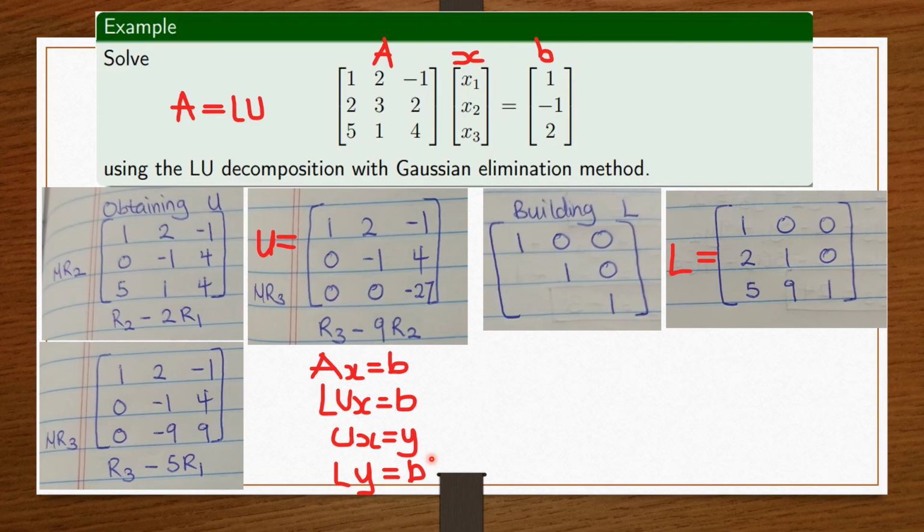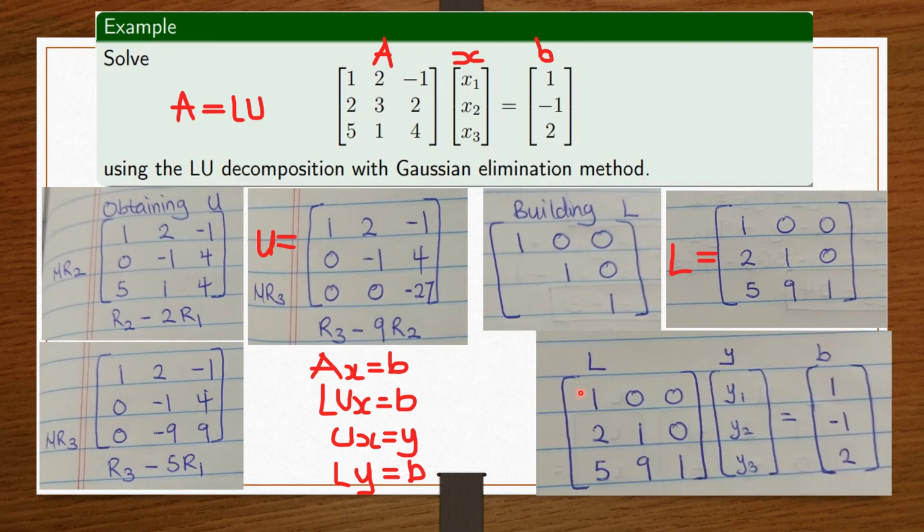Since we know L and we know B from the question, we can find the values of Y using forward substitution. With forward substitution, what it means is that we are starting to find our variables from the top, and then back substitution is that we are finding our values from the bottom. So from the top, we can see clearly that y1 is equal to 1.